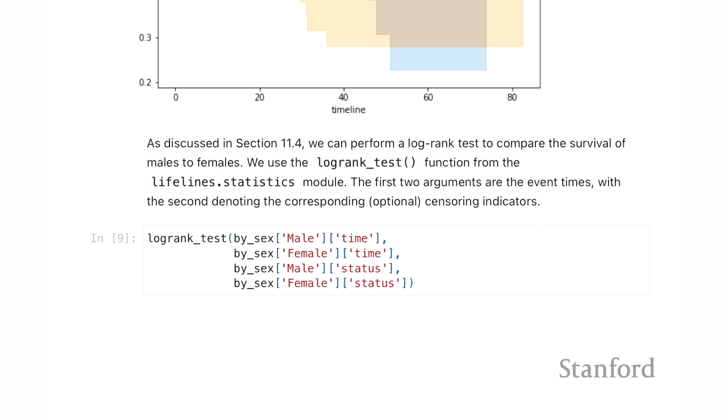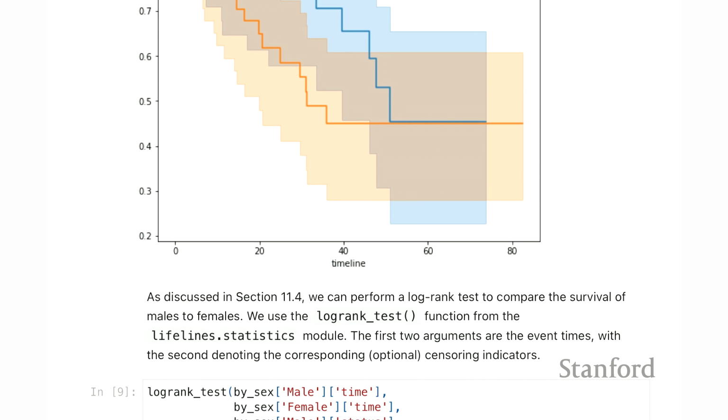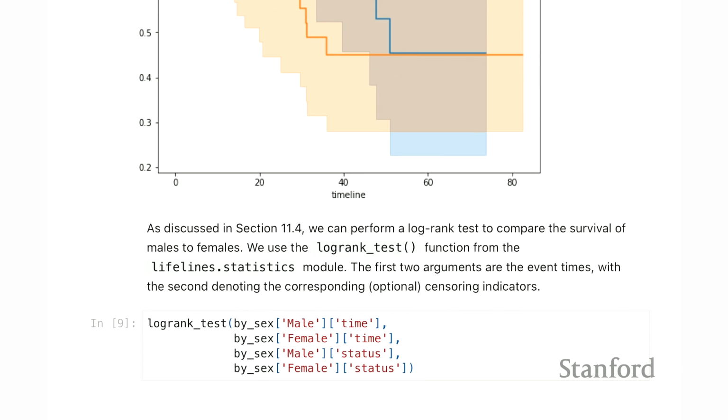Okay, so for a categorical variable with two levels, a common test used to test whether there's a difference in survival is the log rank test. The log rank test basically takes the information needed to fit two Kaplan-Meier survival curves: for one group, say the male, it takes the time and the status, and for the other group, the female, it takes its time and its status.